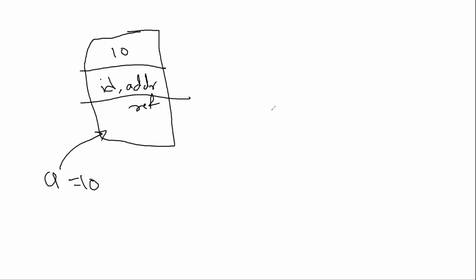So for example, I have this 10. Definitely it will have some ID or address, and then there will be some reference. When I say A is equal to 10, A is referring to this, a reference got created. When I say B is equal to 10, B started referring to this. This is how it works internally.